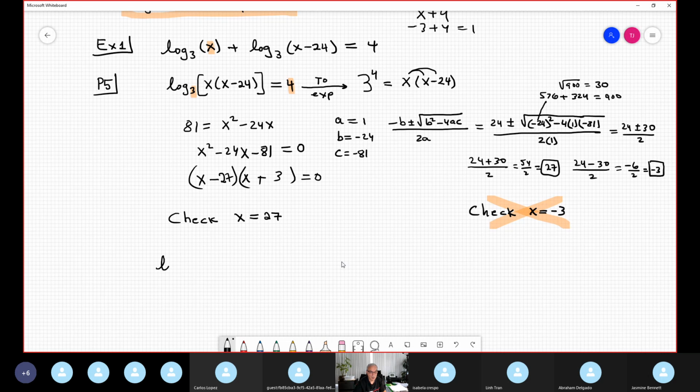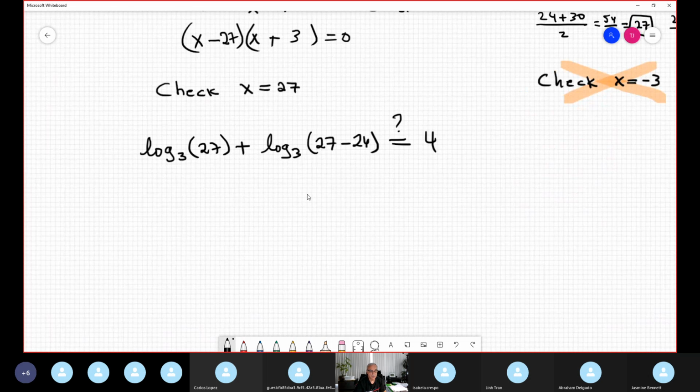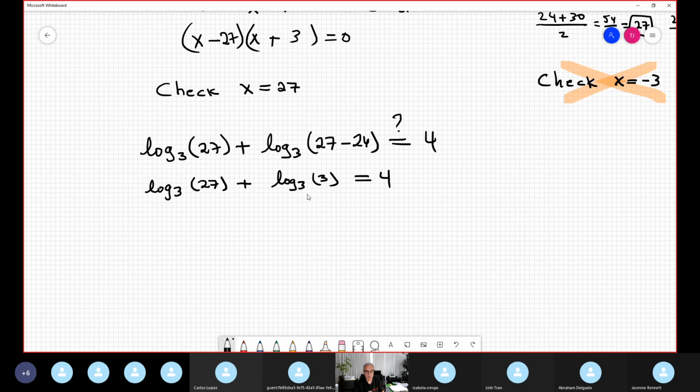Logarithm base 3 of 27 plus logarithm base 3 of 27 minus 24 should be equal, I claim, I'm not sure if it's true, to 4. Now, the subtraction: logarithm base 3 of 27 plus logarithm base 3 of 3, because 27 minus 24 is 3, equals 4.